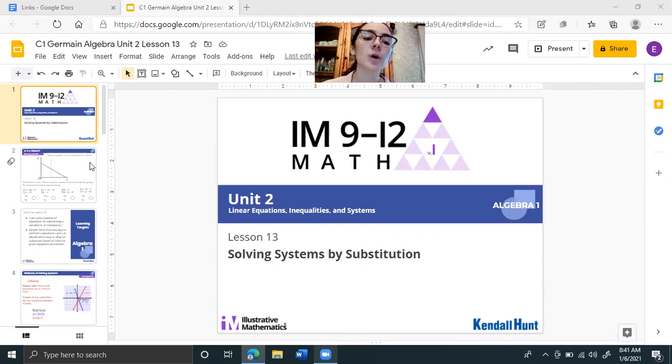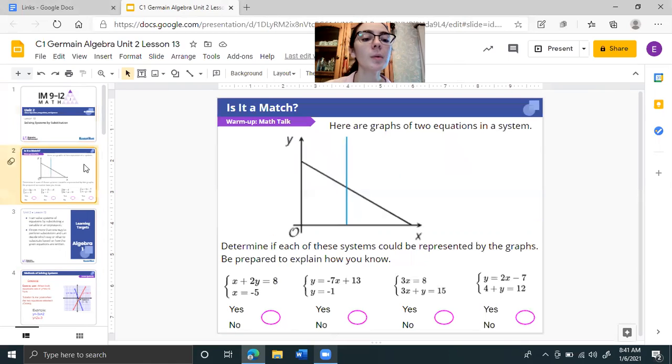So let's take a look at our warm-up for today. Our warm-up for today is we have a graph here that has a systems of equations on it, okay? There are no labels on here other than the X and the Y, and you can imply that these are positive numbers and these are positive numbers. We don't have any actual numbers though.